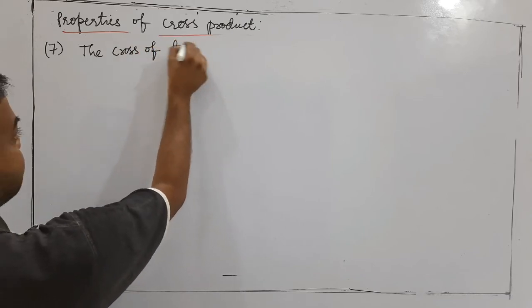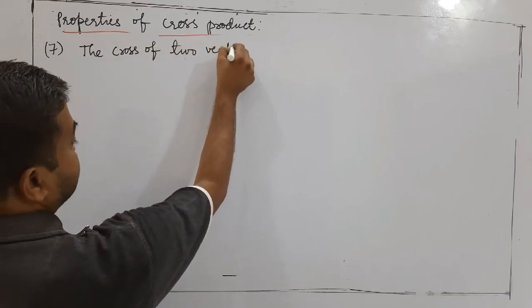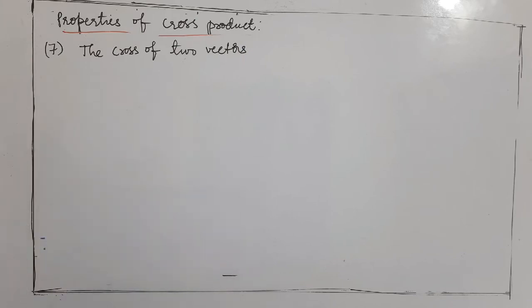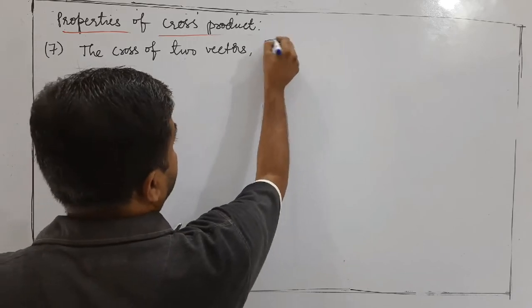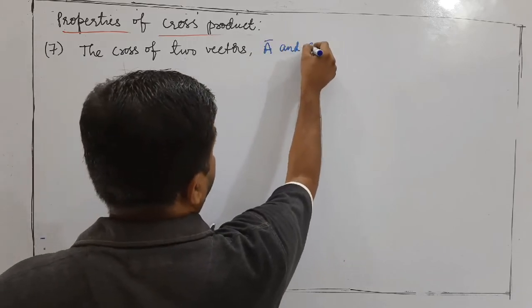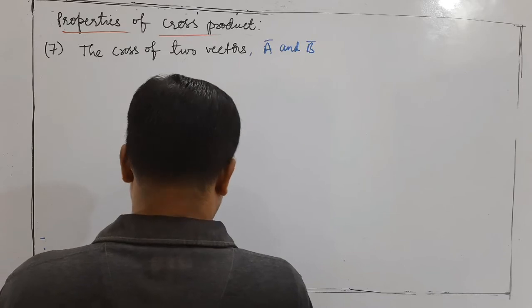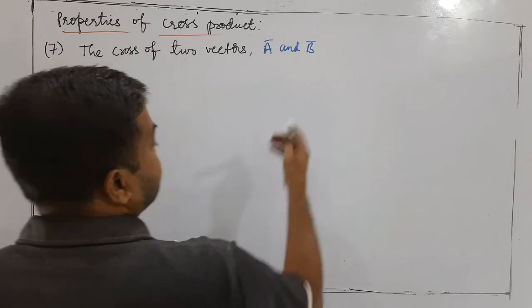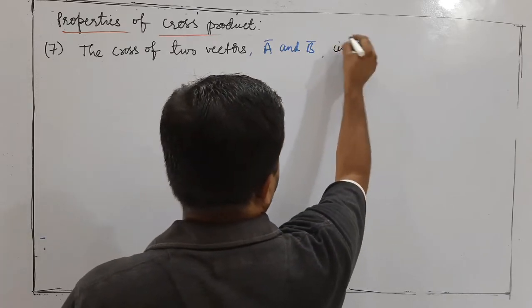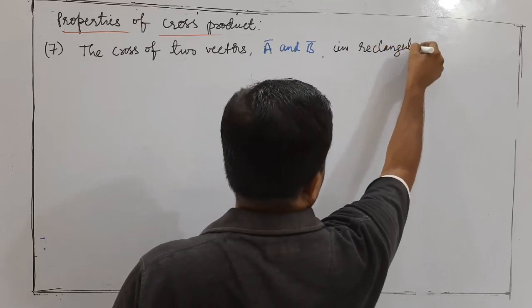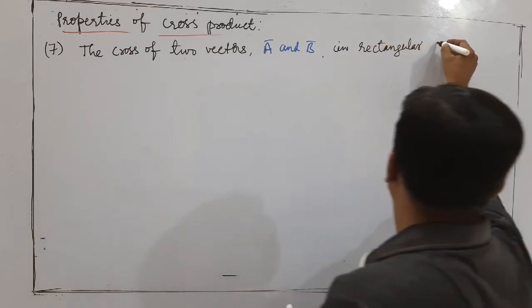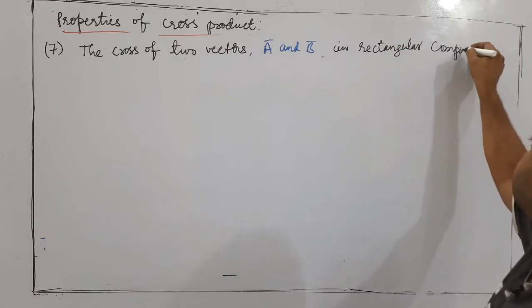The cross product of two vectors, A bar and B bar, in rectangular components.